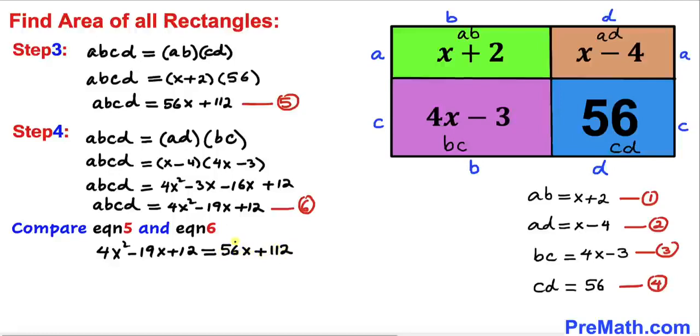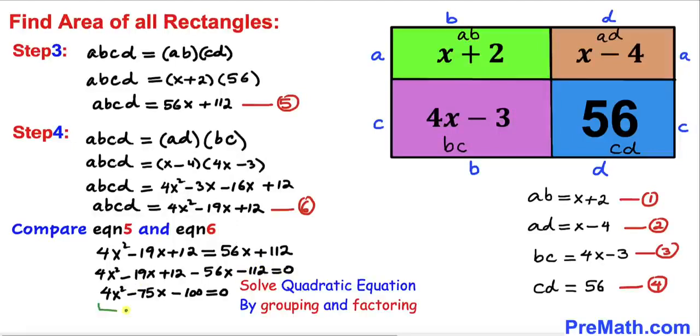And now let's move all these terms to the left hand side. So we are going to get 4x squared minus 19x plus 12 minus 56x minus 112 equal to 0. Now we can see that this is our quadratic equation, and we are going to solve it by grouping and factoring.